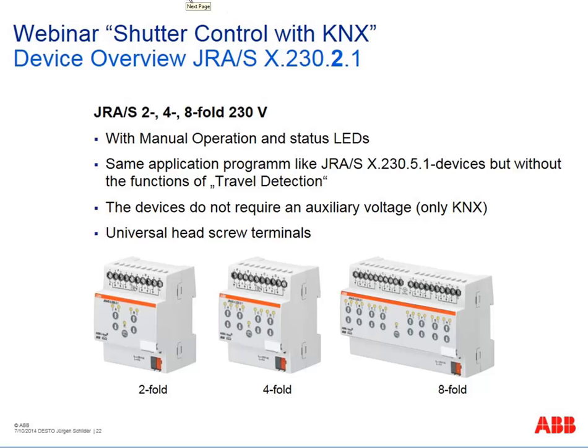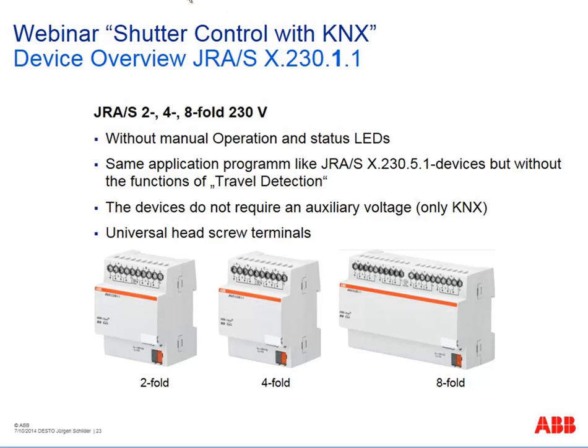And if you don't need any manual operation, you can get it without. Of course, it also saves a bit of money. Neither any travel time detection, but all the other functions we will talk about later are also available in these components without manual operation. So there is not so much difference, but you cannot do any manual operation here, as you can see.